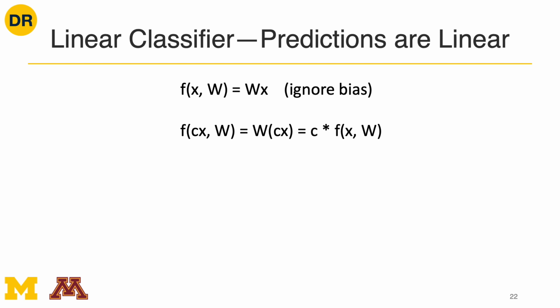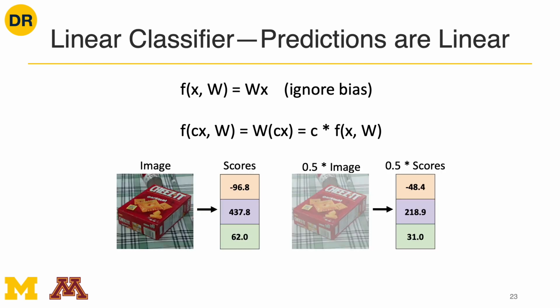This is useful to think about because in the context of image classification, this is a somewhat suspicious aspect of our classifier, right? We could imagine taking our image and scaling it by some constant. That is potentially changing the semantic information in the image, whereas our classifier is simply changing the scores by a constant.